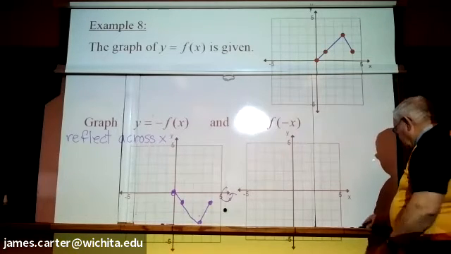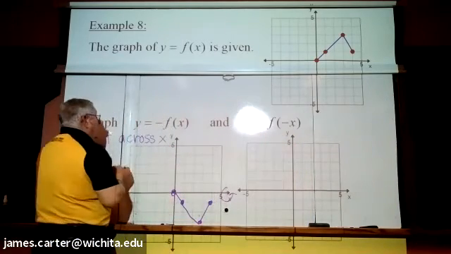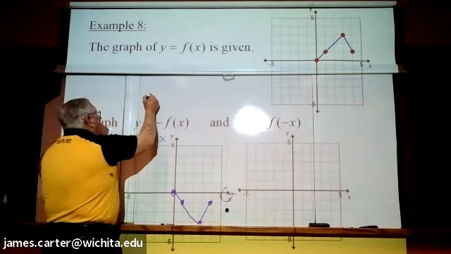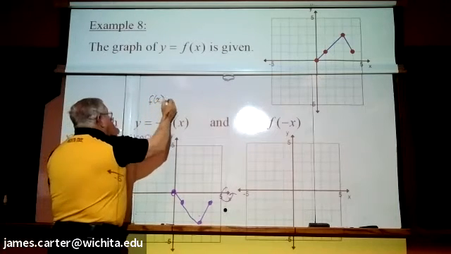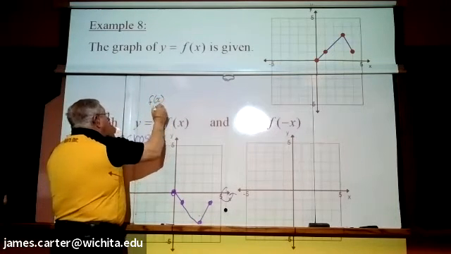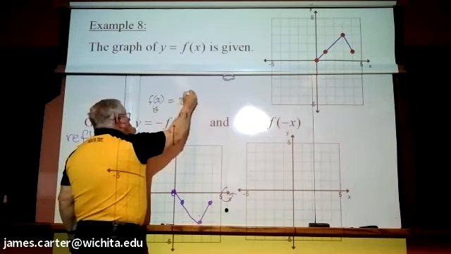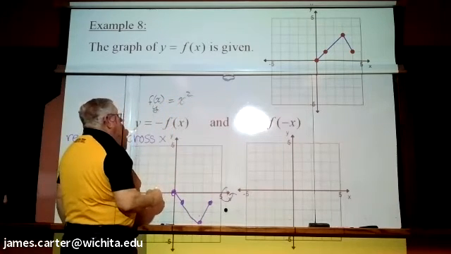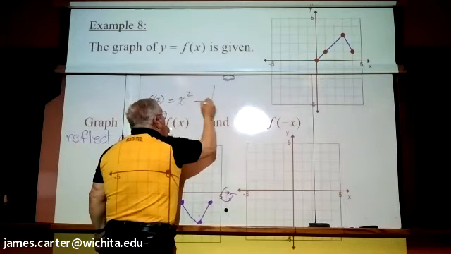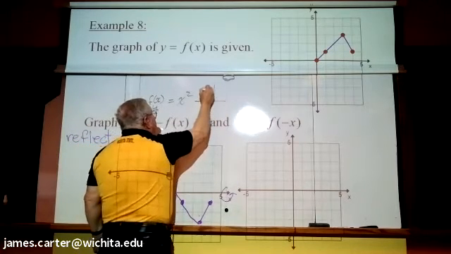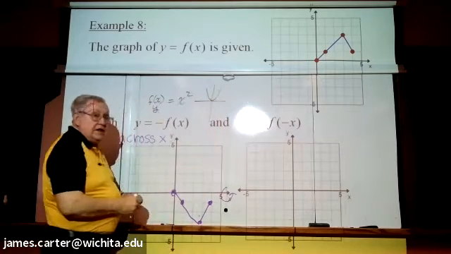Now, I want to show you an equivalent of this. If f of x, the equation, or y, is equal to x squared, you're going to have a graph like that.